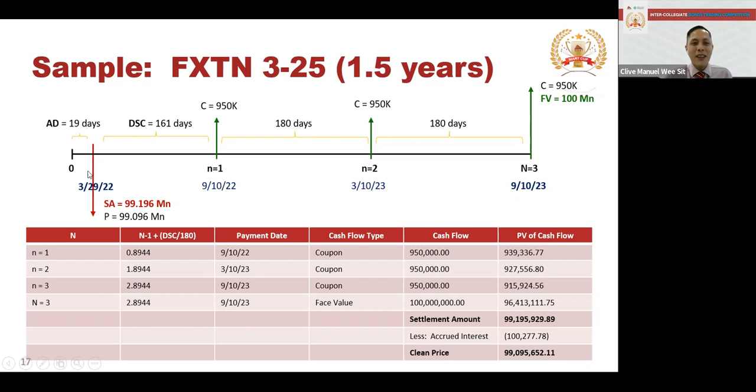But the fact is we bought this on March 29. So since we bought this on March 29, we have to adjust the exponent in your denominator to account for the fact that 19 days had passed since the last coupon date.